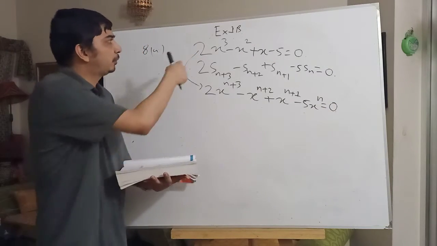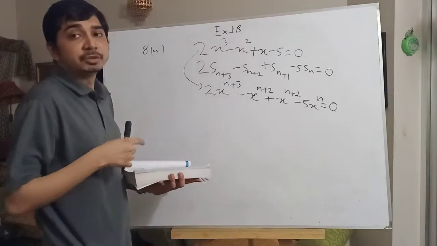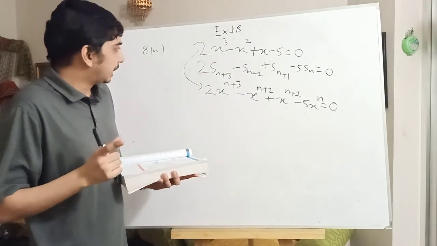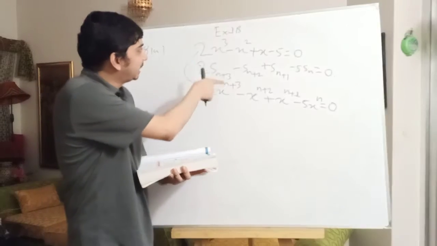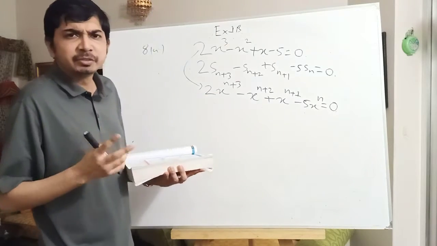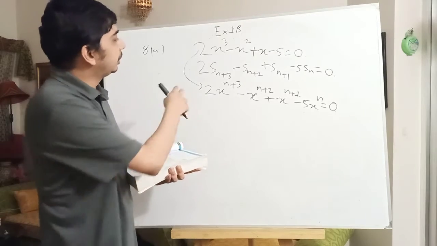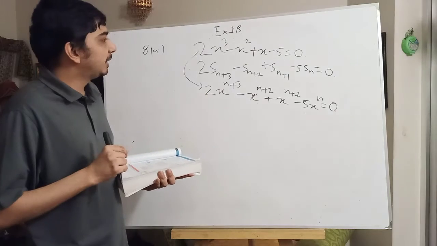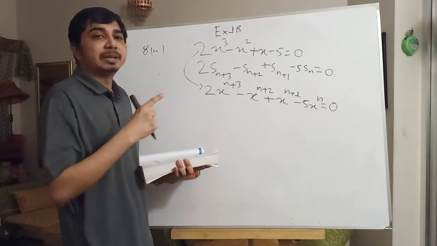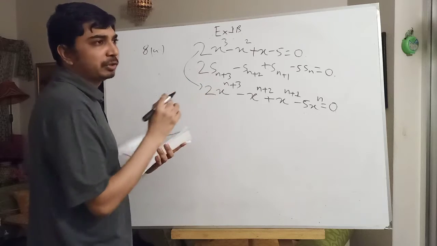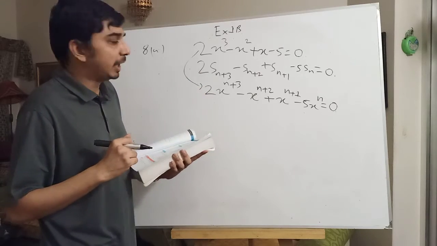Our solutions are alpha, beta and gamma. After I multiply by x to the power n, there is one more solution, 0. 0 will also solve this equation, however when you're calculating the sum, adding 0 is immaterial. So the roots are alpha, beta and gamma.